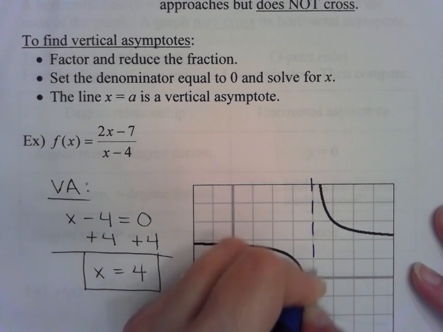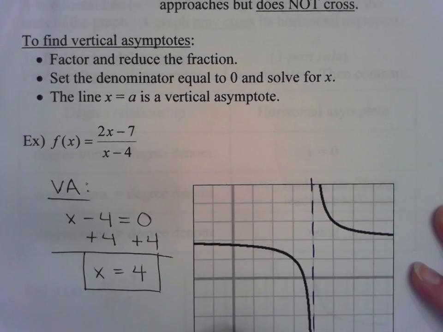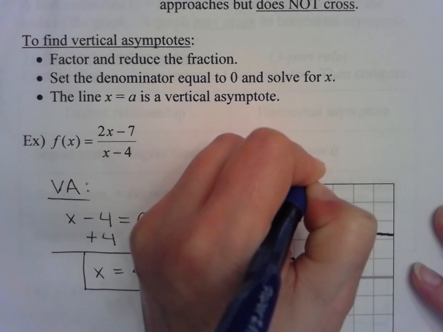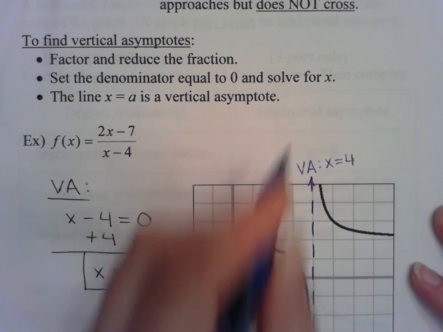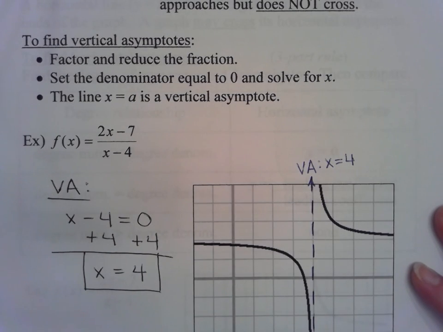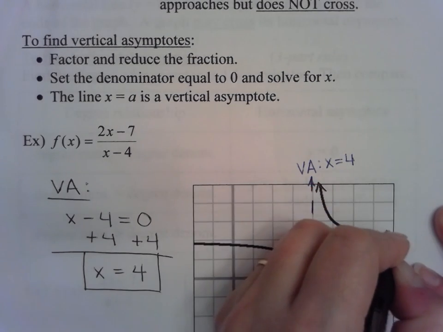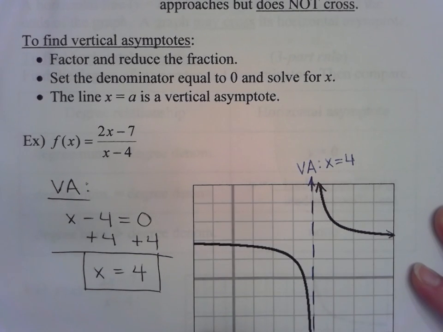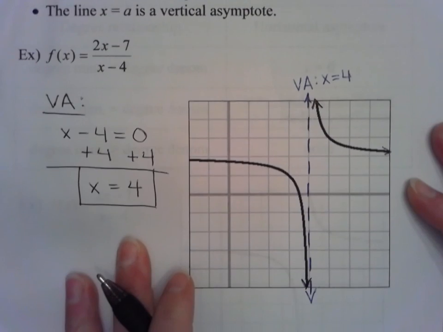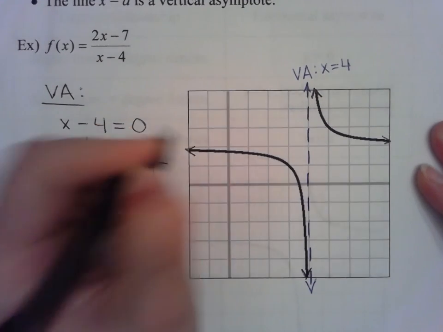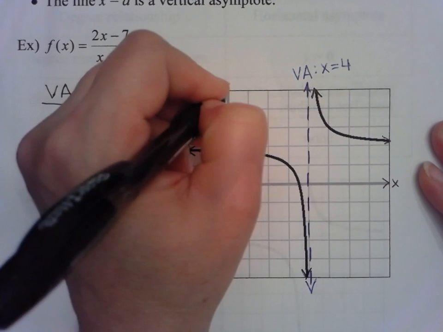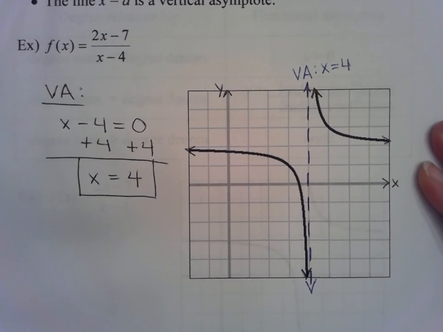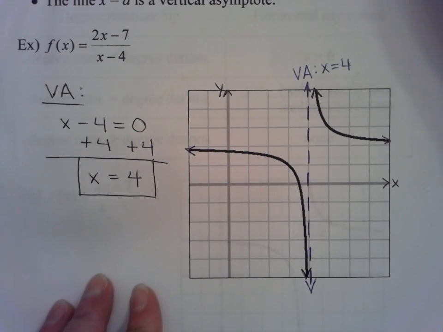Here's where the vertical asymptote would be, and you can see that the graph is getting closer and closer to that vertical line towards the middle. Okay, so that's the idea. It's a dotted line because it's technically not part of the graph, but it is a guiding line to help us draw the graph.